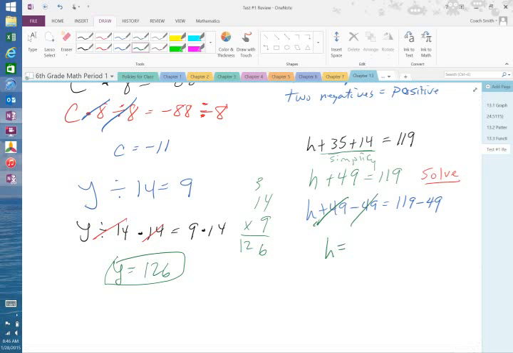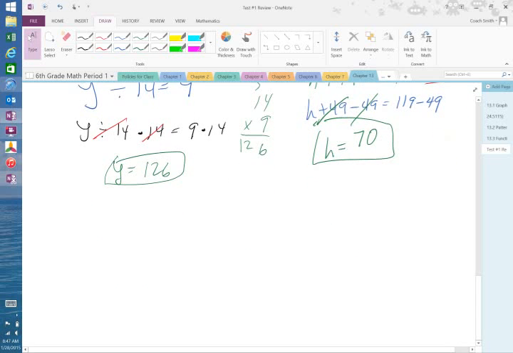What is 119 minus 49, Noah? 70, that is correct. H would be equal to 70. So we're able to simplify that one.